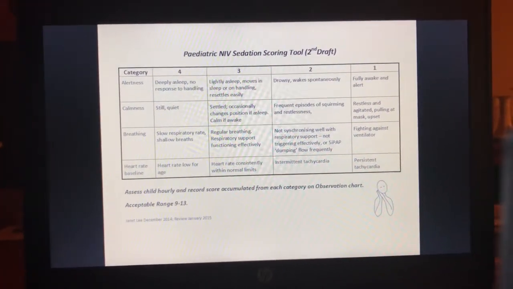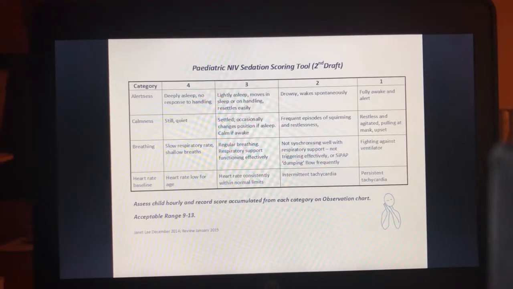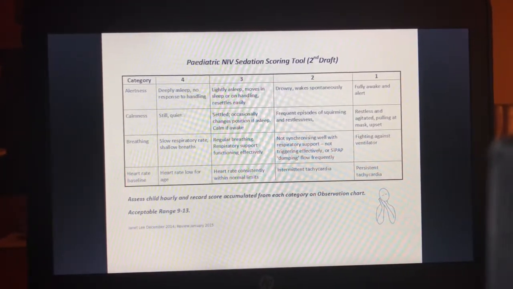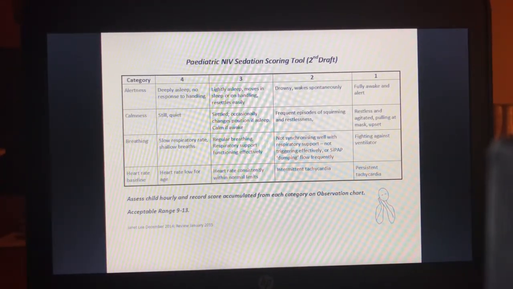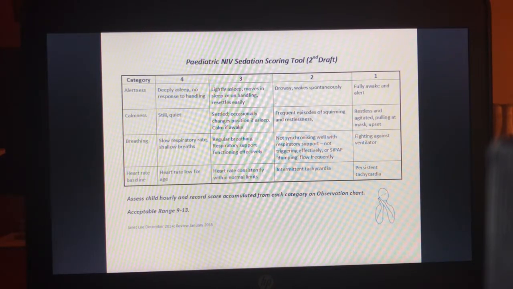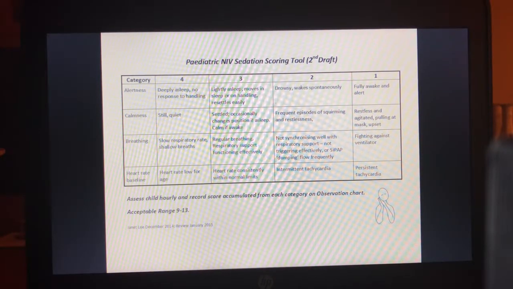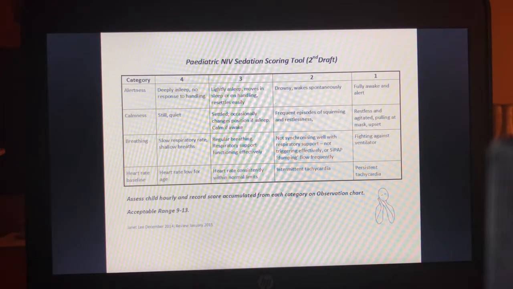And in order to make our assessment, and therefore our use of sedation, more systematic, Janet Lee, our paediatric practice educator, came up with this paediatric non-invasive ventilation sedation scoring tool.